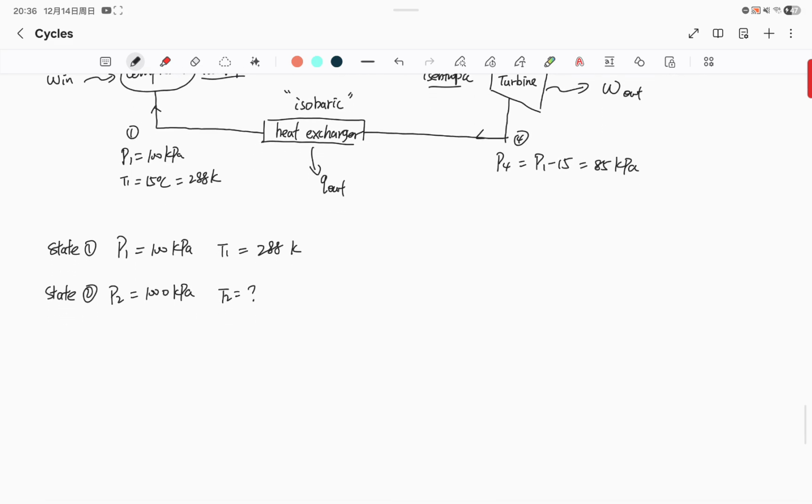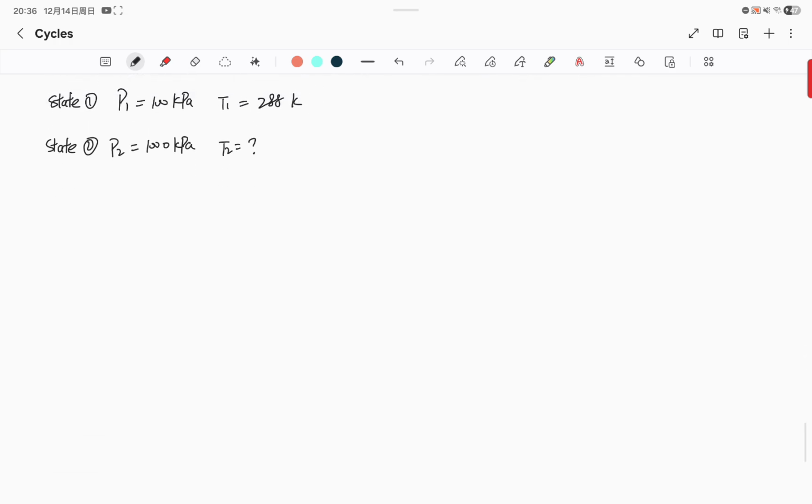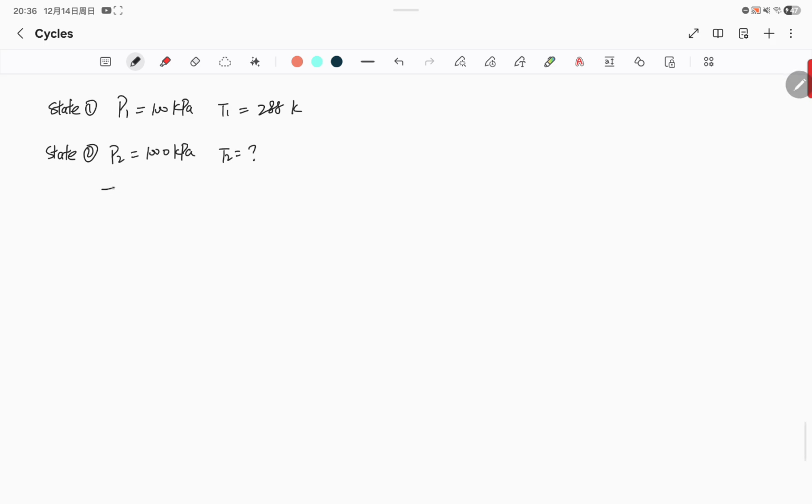And for isentropic relationships, the prerequisite of using them is having ideal gas in a cycle. If there's no ideal gas, even if the process is isentropic, we cannot use the isentropic relationships. I'm talking about Rankine cycle. But in this case, we can use them.